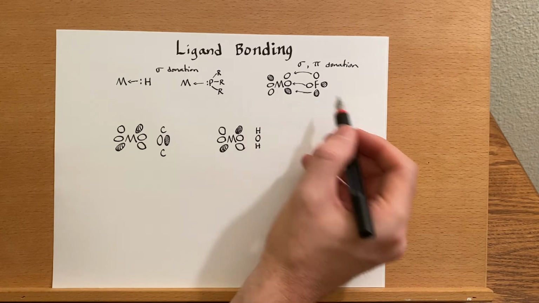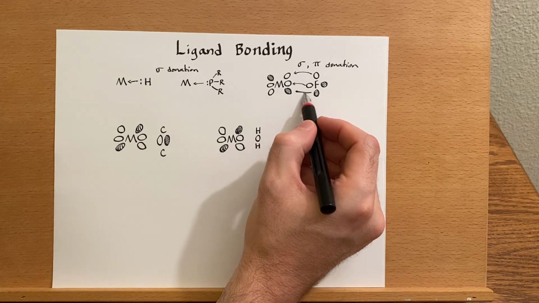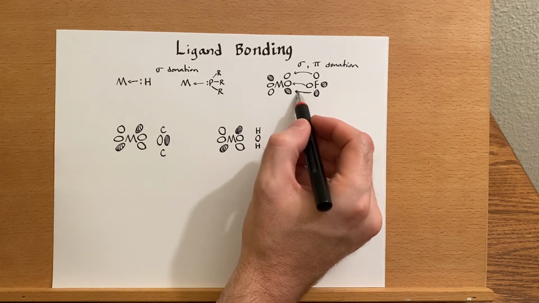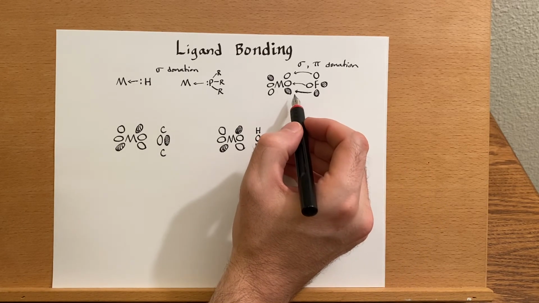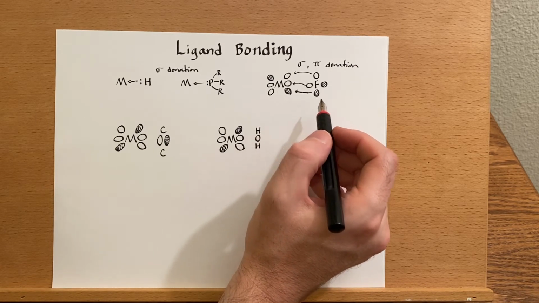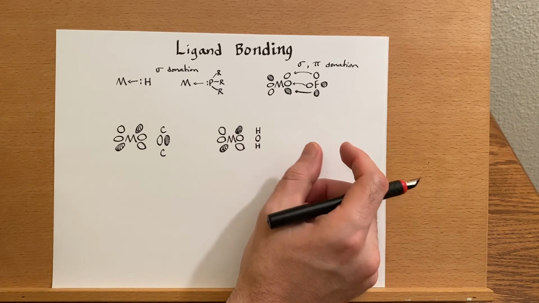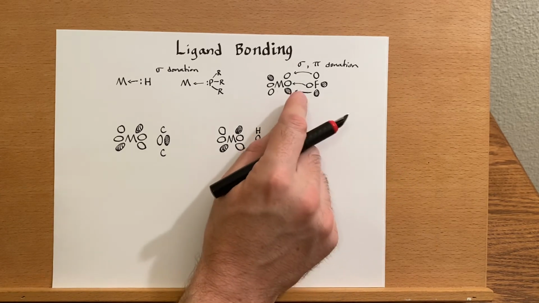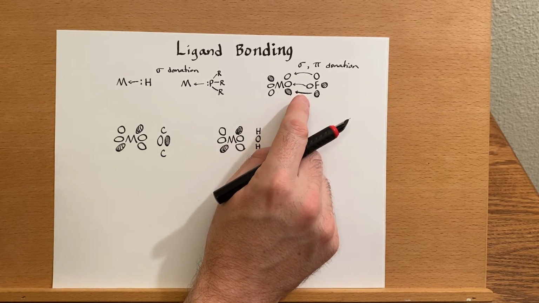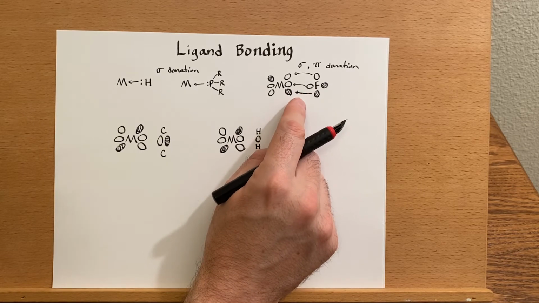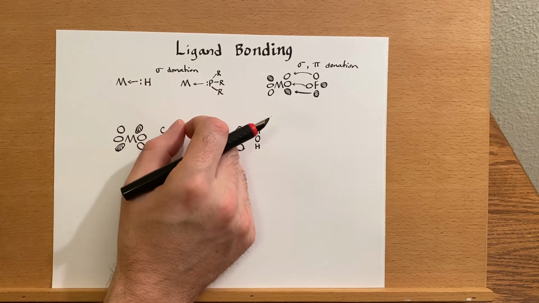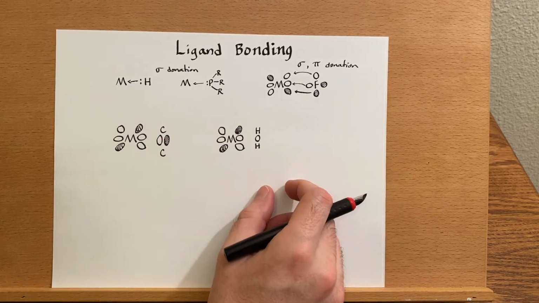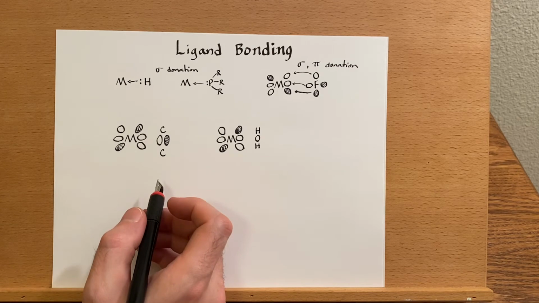Whereas over here, we have some donation coming towards the orbitals that are in the T2G classification, and so that will raise that level a little bit. And the net effect of that is these complexes will have a smaller delta octahedral than simply sigma donation complexes. It's one of the consequences of that.